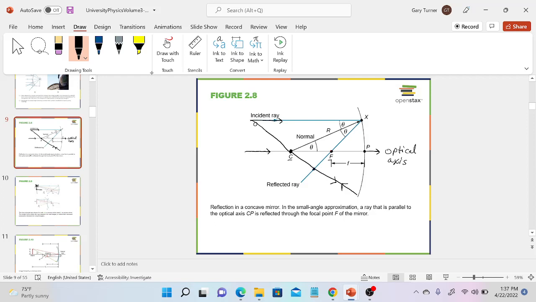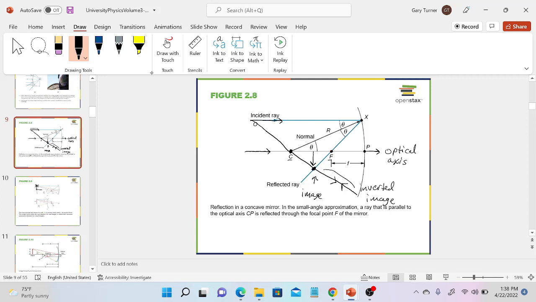And where these lines cross, this is where your image is going to be. Okay? And since the image is below the optical axis, you see an inverted image.